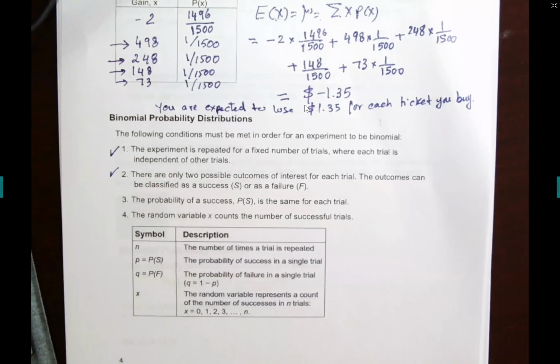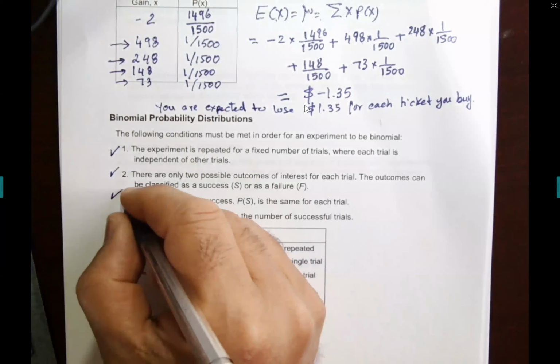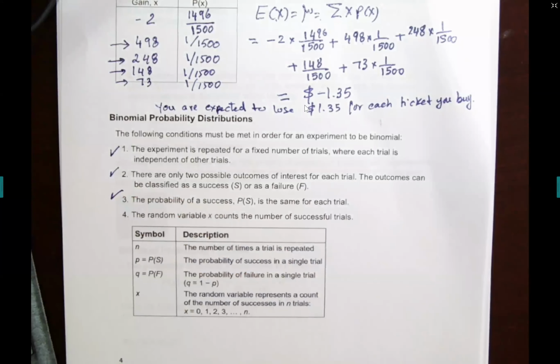What is the probability of rolling a 5, guys, on a single die? It's 1 out of 6. Does this change if I roll a die a second time, third time, fourth time? No, it's always 1 over 6. So that's another condition you have to meet in order to have a binomial distribution. And the random variable x is the number of successful trials.